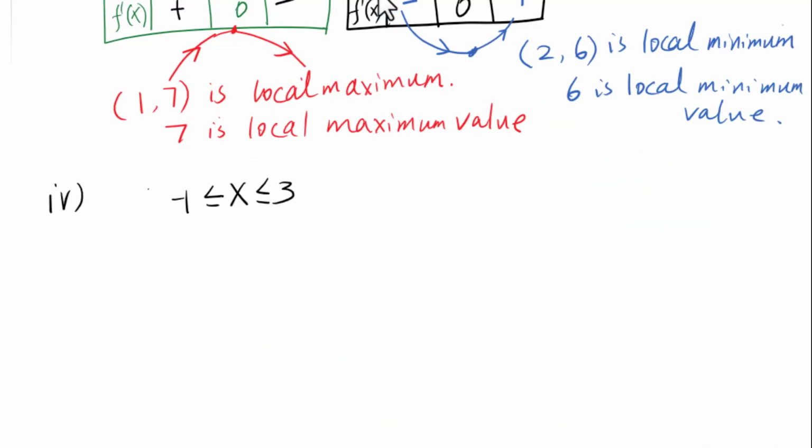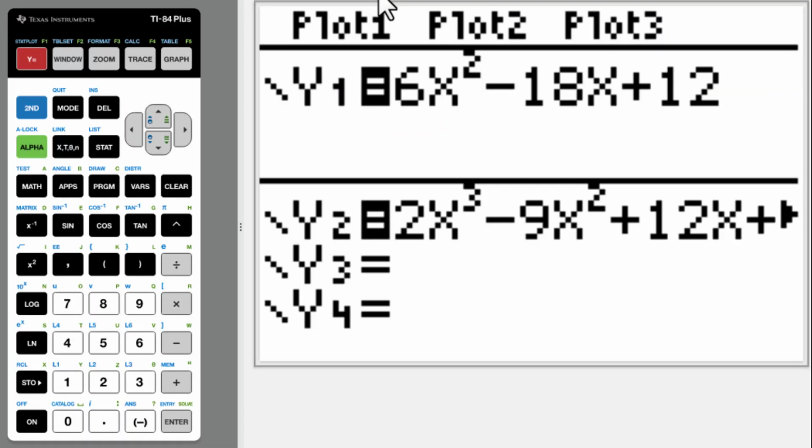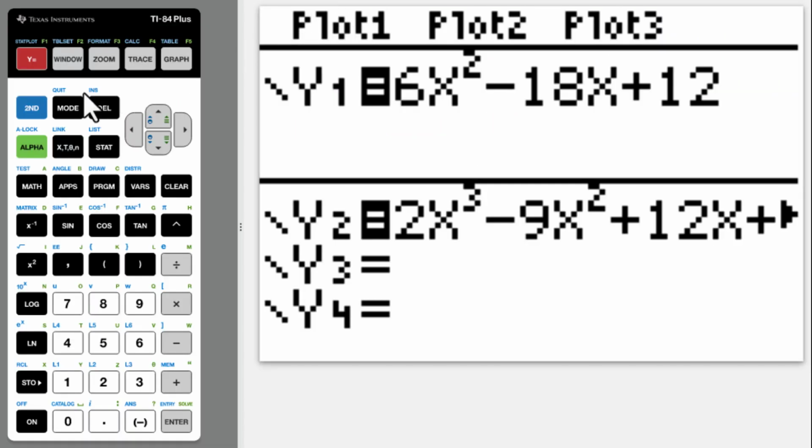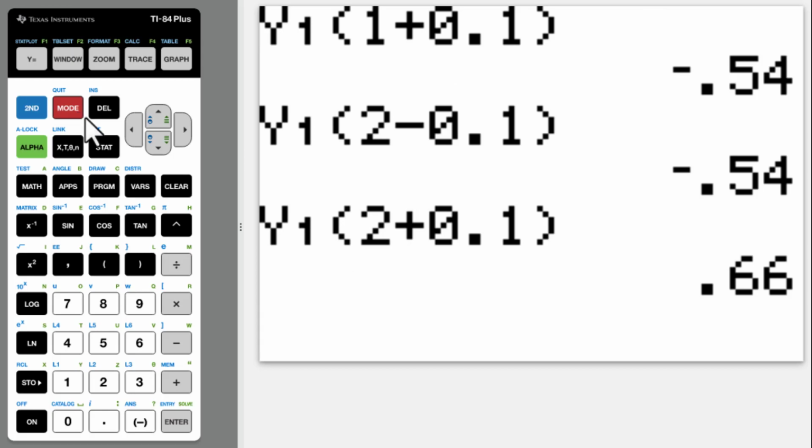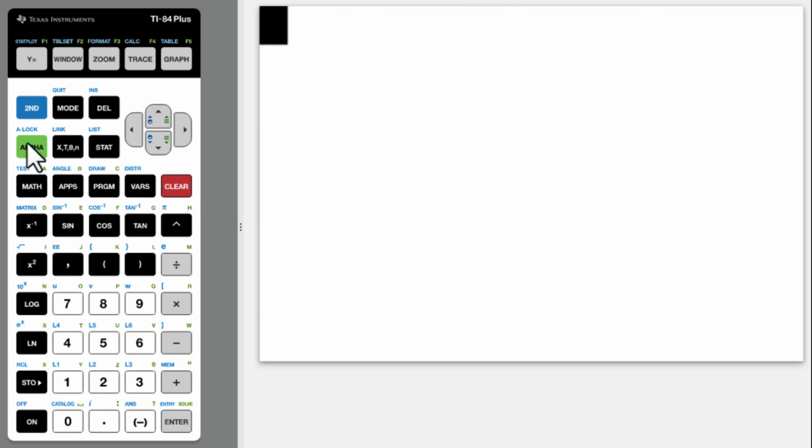For the boundary points, f of -1, f of 3. We already know the local maximum is 1, 7. Local minimum is 2, 6. Remember, y2 is the original function. So go to y2.